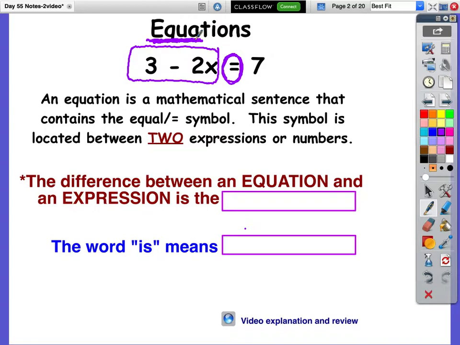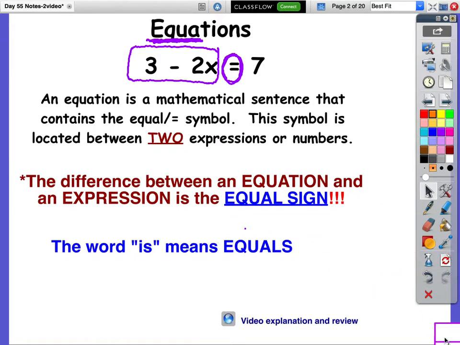No matter how far in math that you go, no matter how crazy or complicated these problems get, an equation always has to have an equal sign. So don't drop that equal sign if it's supposed to be in there. We talked about that the word is means equals. That's very important when we're talking about formulating or writing your own equation.